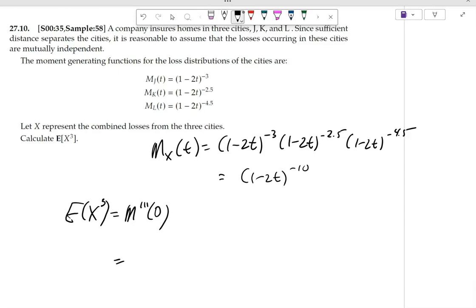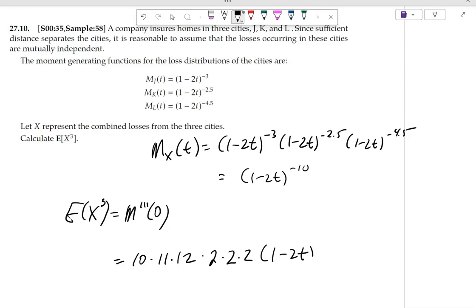If I do the first derivative, we'll bring a negative 10 down. Second derivative will be a negative 11 down, because I have to subtract 1 from the exponent. Third derivative, I'll get a negative 12 down. So I'm going to end up with a 10 times an 11 times a 12. Now, why did I get rid of the negatives? Each time I take a derivative, what's going to pop out with the chain rule? Negative 2. So I'll have 3 2's that also pop out, because I'll have a 2 each time.